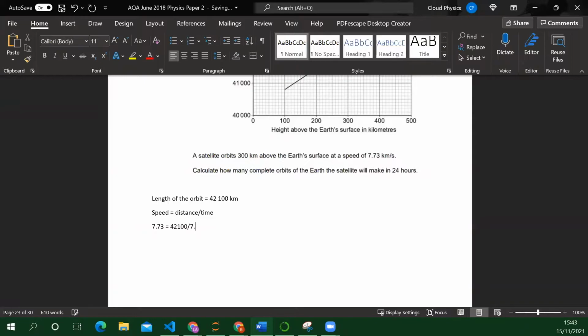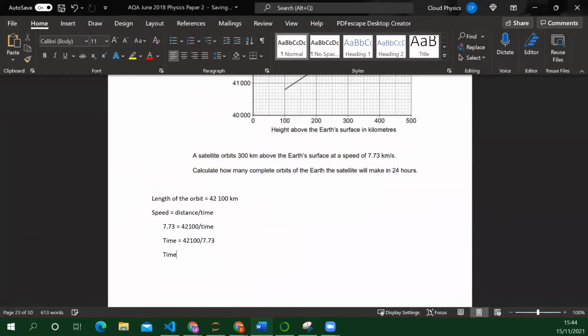So if you think about rearranging that, time equals 42,100 divided by 7.73, because it's the time for one orbit.